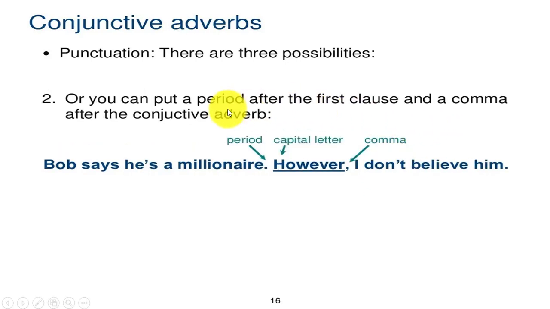Number two, you can put a period after the first clause and a comma after the conjunctive adverb. Example: Bob says he's a millionaire. Put a period plus a capital letter at the start of the sentence after the period. However, comma, I don't believe him.